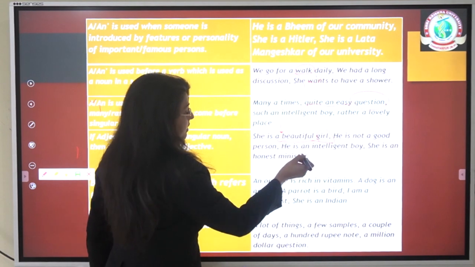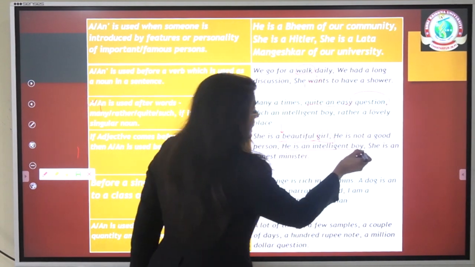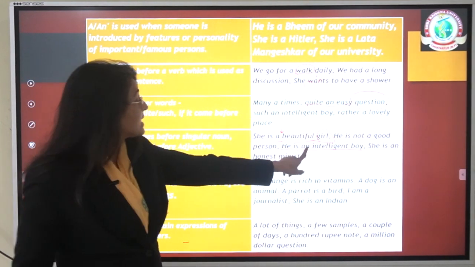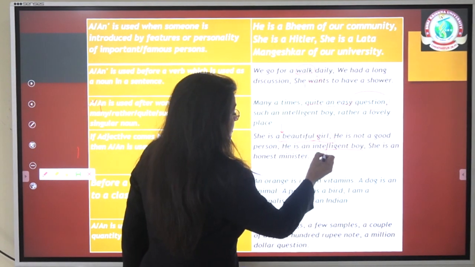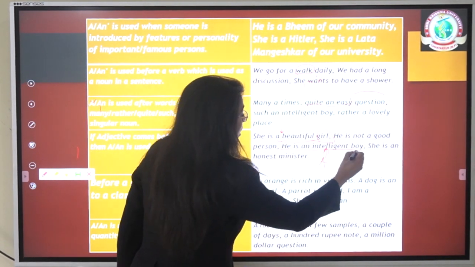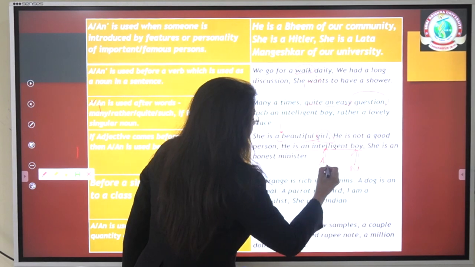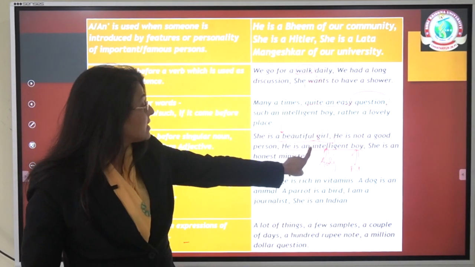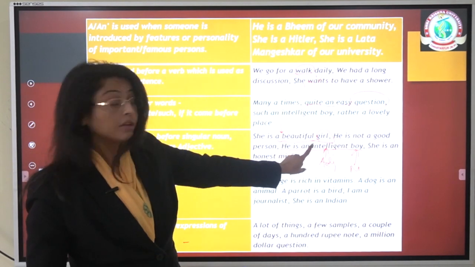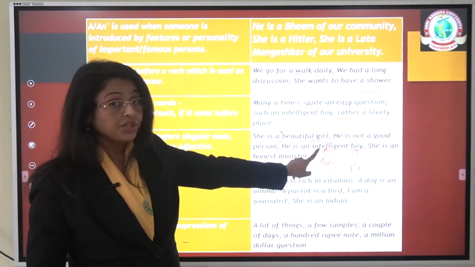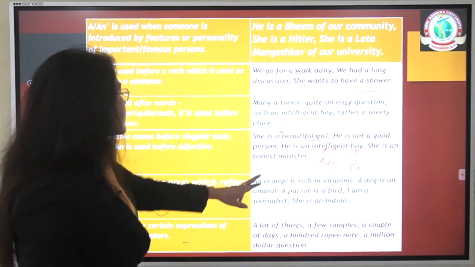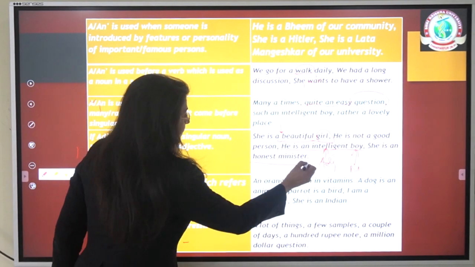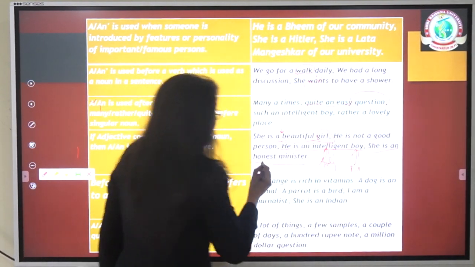Here, look here. He is an intelligent boy. Intelligent is an adjective. Boy is a noun. So the sound and the letter both are vowels, so an intelligent will be the correct one. Similarly here, coming on to she is an honest.